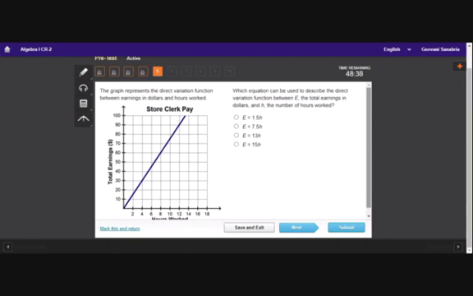I'd go up to the 30, and then I'd start there and go over 4 hours. Yeah, I'd go over 4, and then go up 10, 20, 30. So the rise would be 30, and the rise is on top, right? Uh-huh. 30 over 4 would be 7.5. That's it.